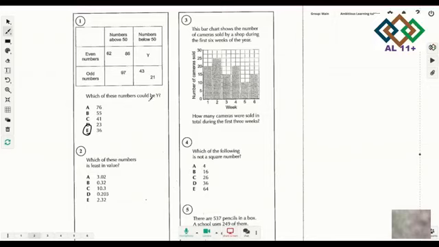You must see which is both less than 50 and even, 36, the only number that is both less than 50 and even. So the answer for number one is E.